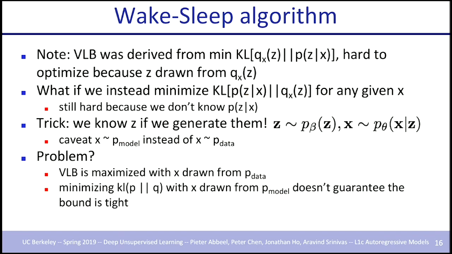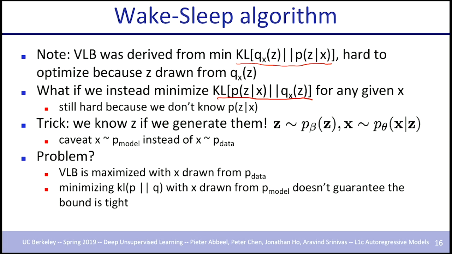People asked whether they could get samples that are not from the approximate posterior. If you do KL in the direction of Q to P, you sample from Q. But what if you minimize the KL divergence from the true posterior to Q? Then you are sampling from the true posterior as opposed to your approximate posterior, and you can circumvent the problem of optimizing an expectation, because now the expectation is under something that doesn't depend on Q.